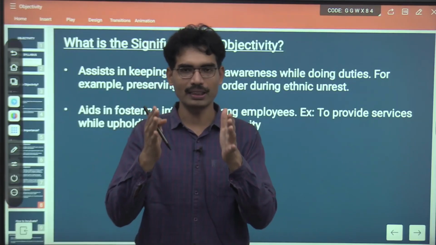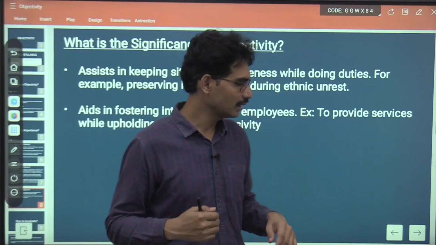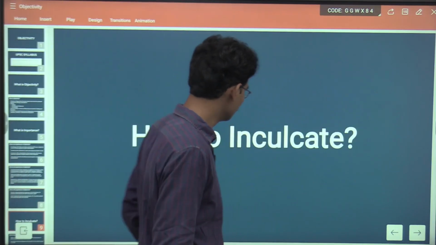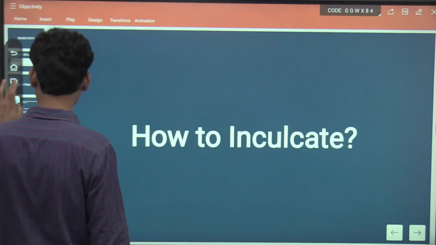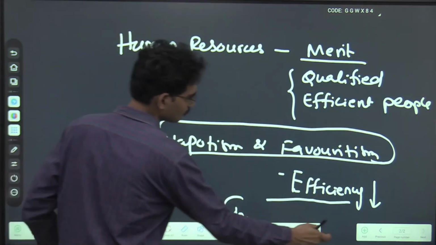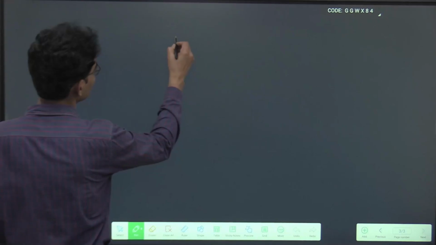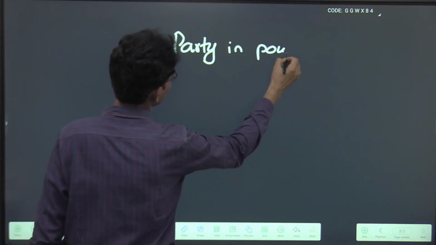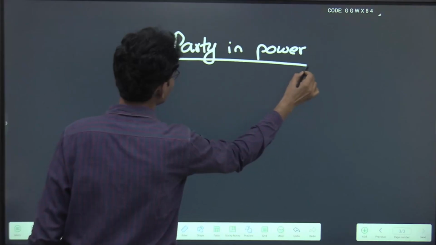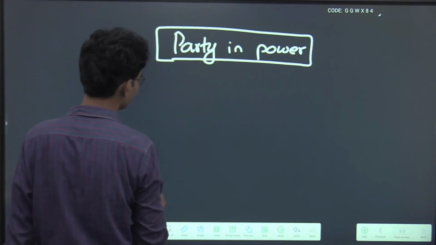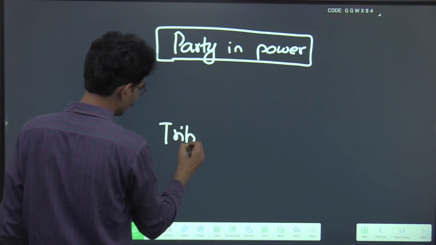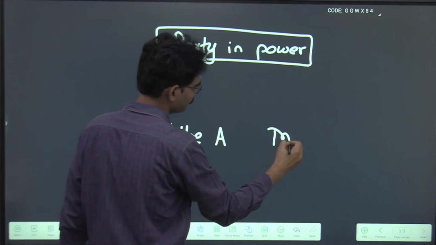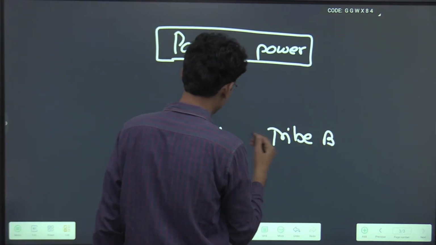Suppose one party is in power, party A, which got the support of tribe A, while tribe B did not support it.